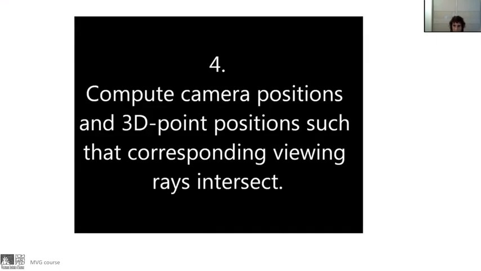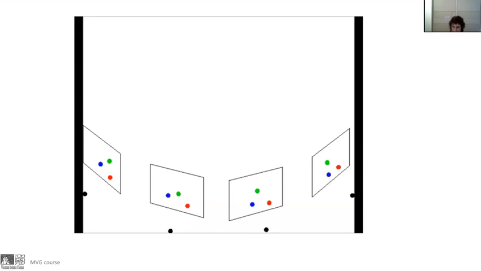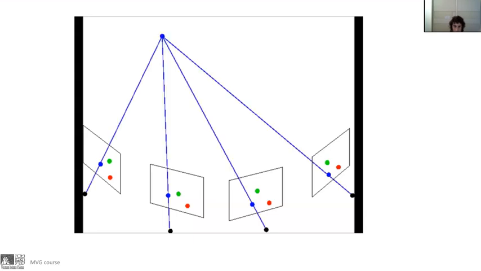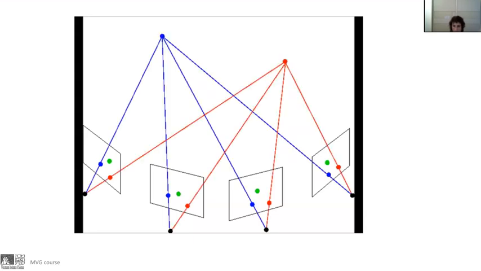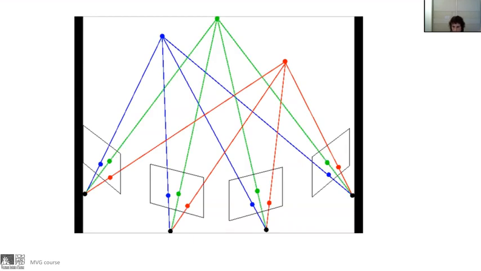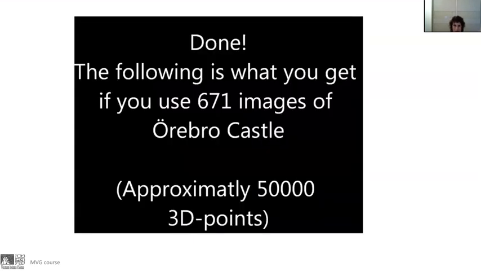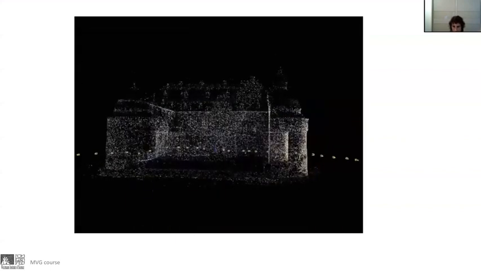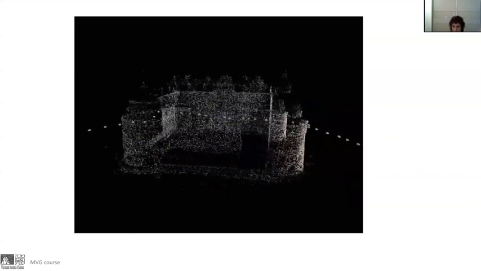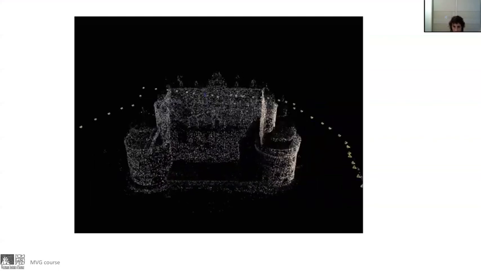Then you are able to compute the camera position and the 3D structure. Here you see triangulation of a matched point. We'll cover everything related to this. Finally, you can see the 3D structure and the location of the cameras.